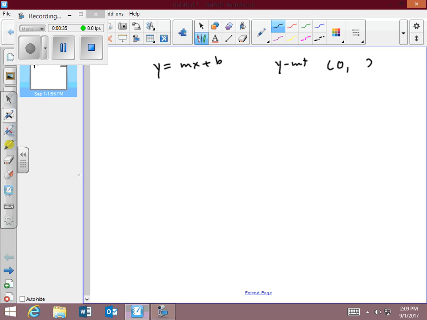So you see that if I put 0 in this equation for x, then 0 times m is 0, right? 0 times any number is 0. This is b. So this right here is that. So this is called slope-intercept form.